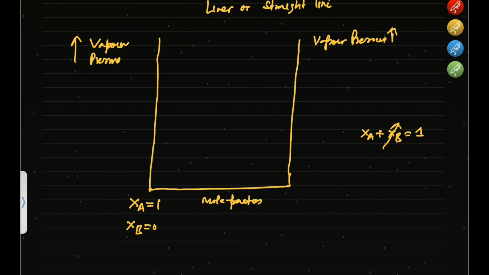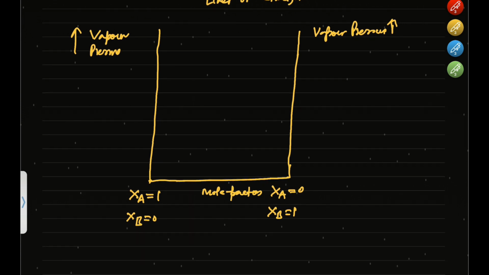Or on this side, component A is equal to 0 means component B is equal to 1. Here is the pure component A only.